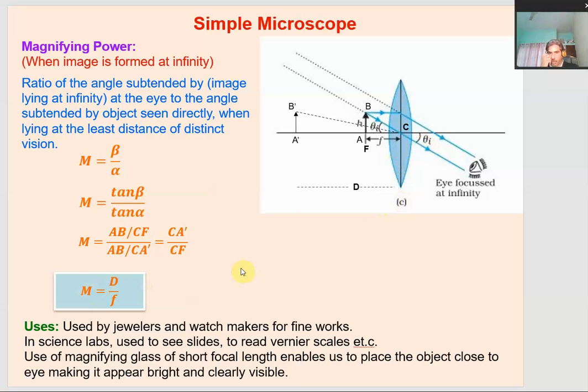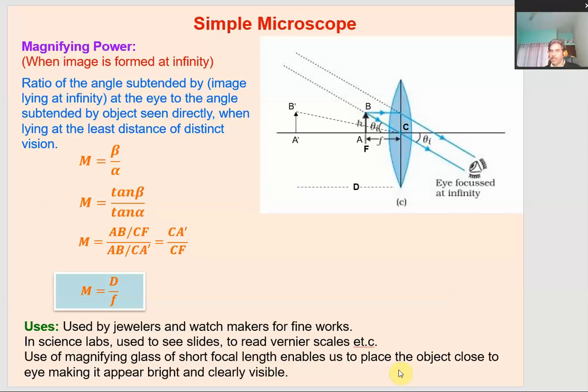Now we can talk about some uses of this simple microscope. This simple microscope or magnifying glass is used by jewelers and watchmakers because they do very fine work. They are also used in science labs to see slides or to read Vernier scales, such as a screw gauge or traveling microscope, etc. They are also used because their short focal length enables us to place the object close to the eye, which makes the object very bright and clearly visible.